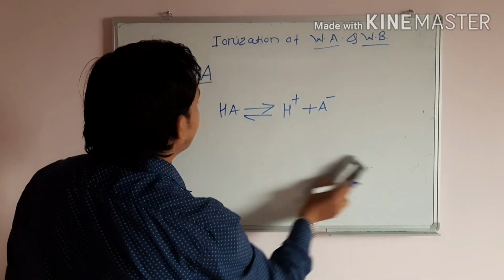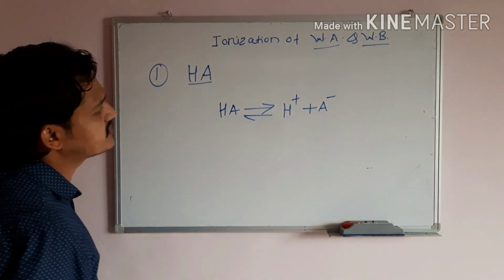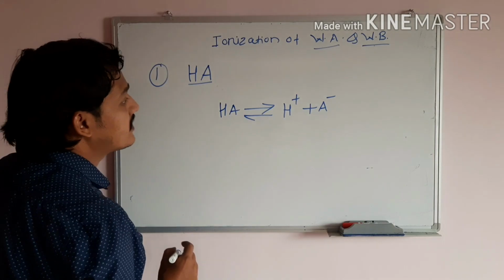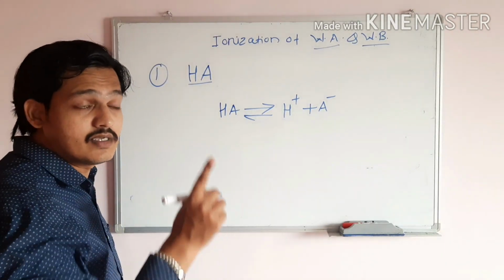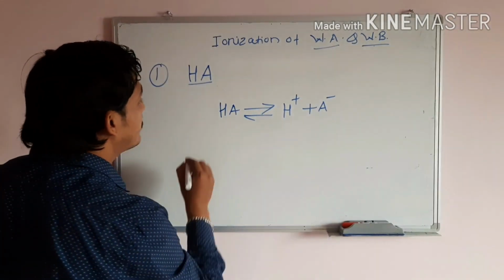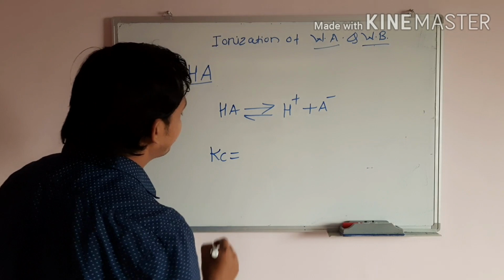Now in case of weak acid HA, it is dissociated as H plus and A minus. So according to the law of mass action, in chapter number 11, chemical equilibrium, the dissociation constant is given by Kc.